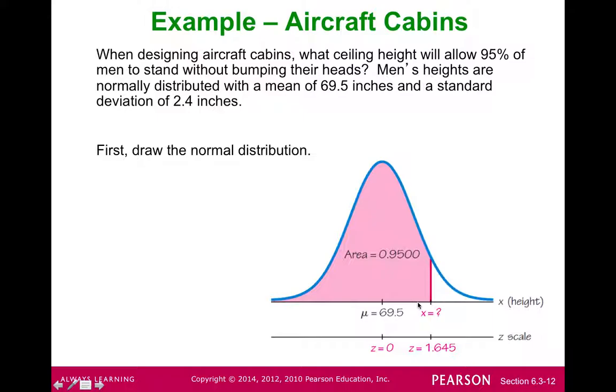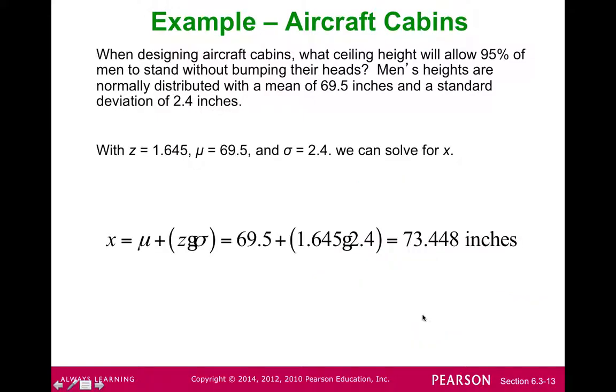And we're also given the area. That's what that 95% is. So we're going to turn that into a decimal, 0.95, and that's our area. So then using that area, if we look up 0.95 in the center of our z-score table, we're going to find that that corresponds with a z of 1.645. And we're then going to use that to solve for our x.